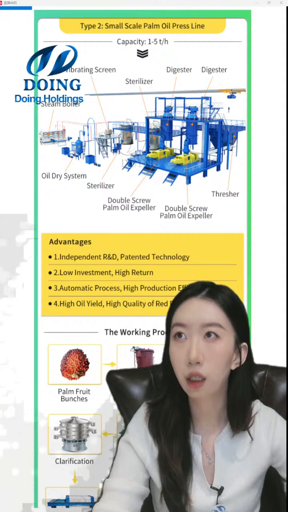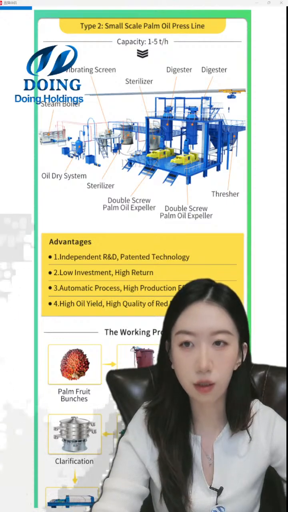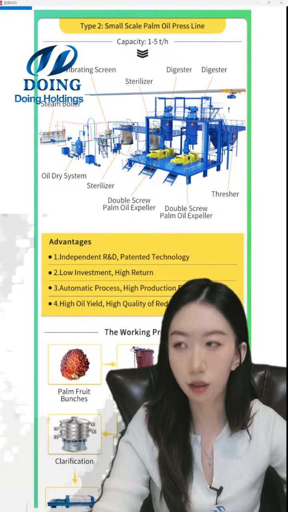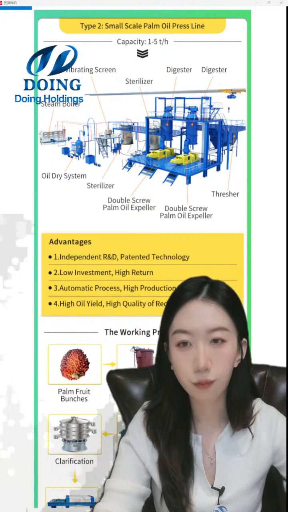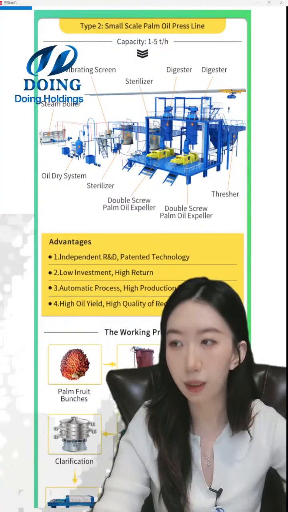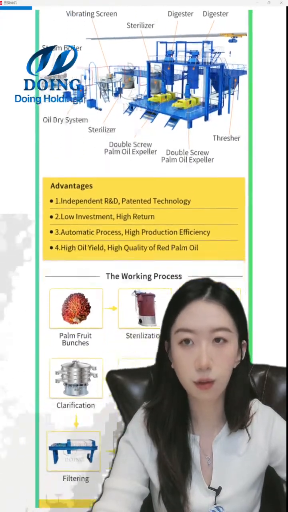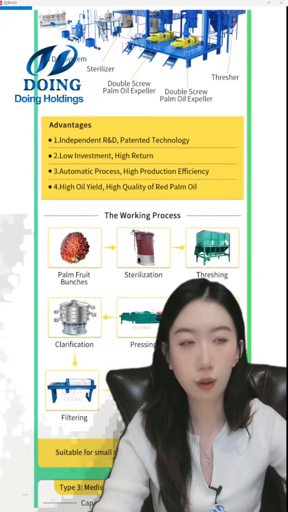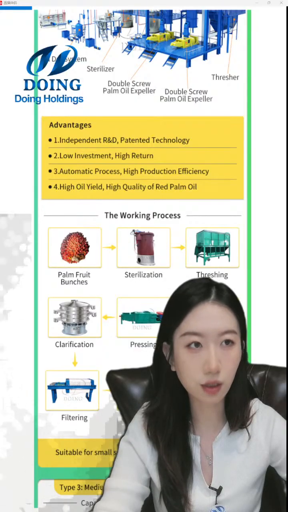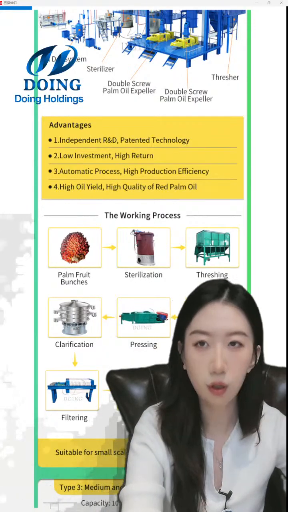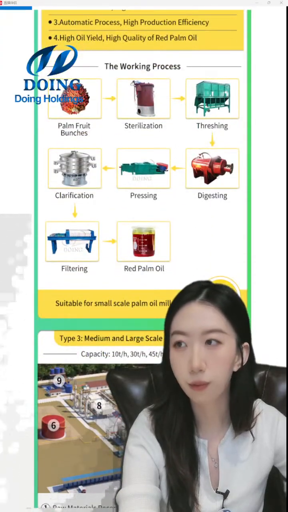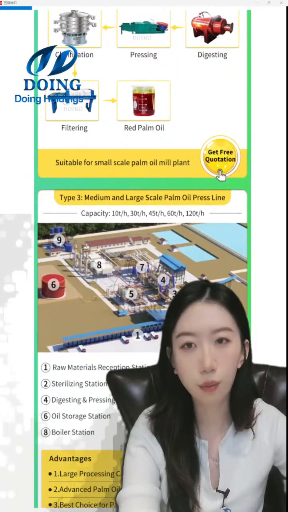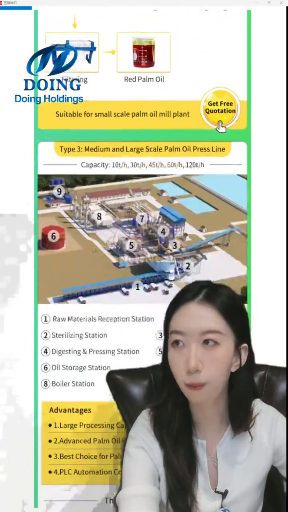And for this small-scale palm oil production line, we can design an all-automatic process. We can equip a PLC intelligent system for you, decrease labor cost, and give you better crude palm oil.